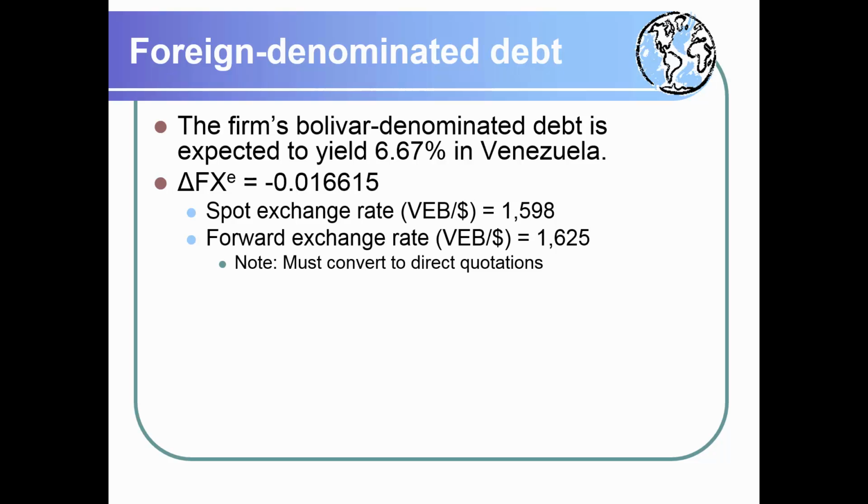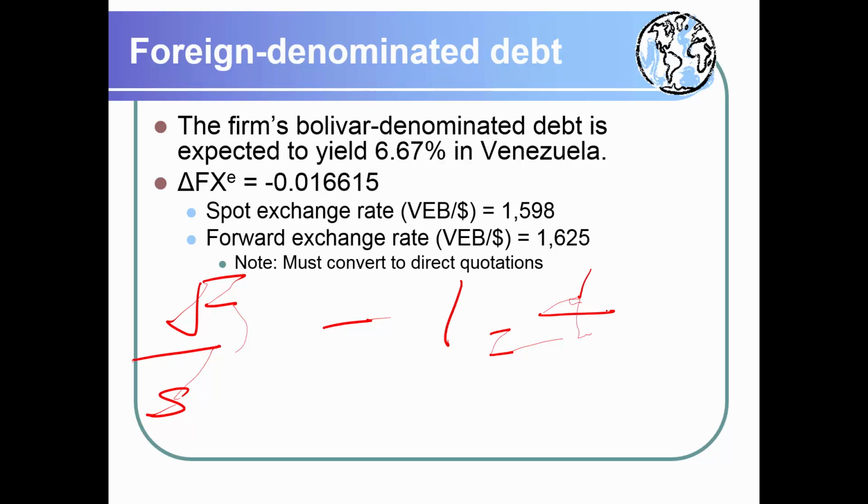So the first thing we want to do is look at the expected appreciation or depreciation of the Venezuelan currency. That is the forward rate divided by the spot rate minus 1. One thing you want to be careful about here is that we have F by S minus 1, and the forward rate is 1625.